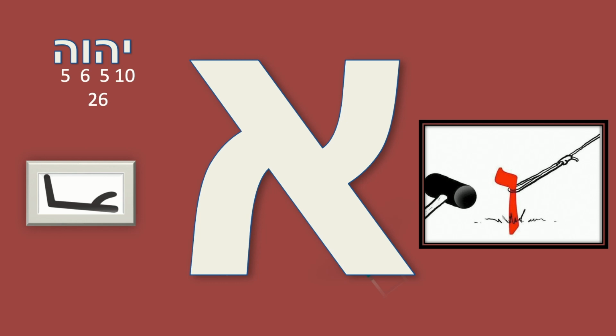The Vav is the connector between heaven and earth. The Vav, the number 6, looked like a nail or a tent peg. And what is it doing? It's connecting the tabernacle to the earth. Now, when you read Genesis 1:1, the first time the letter Vav appears is the word "and," where it says, "and heaven and earth."